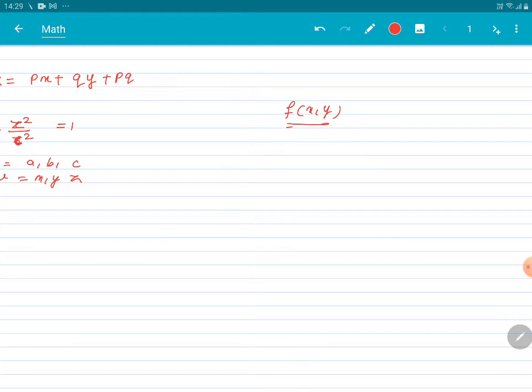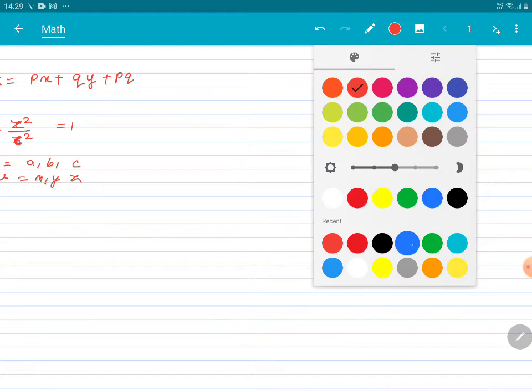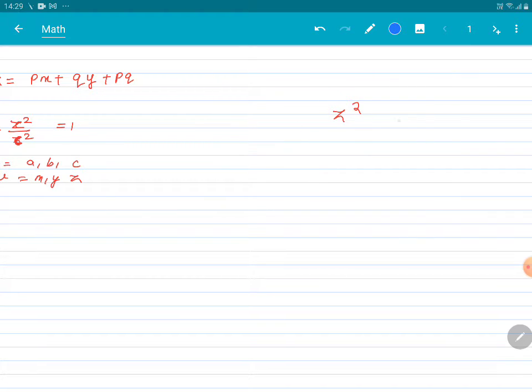Now see, one thing to remember: what is the derivative of a function f of x comma y? Suppose z square is a function. What is its derivative with respect to x? z is a function of x comma y, so it is variable in both x and y.